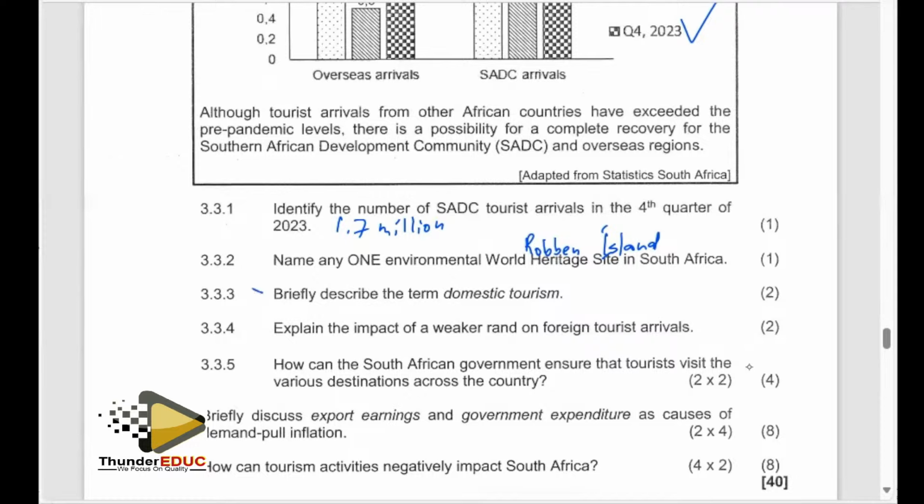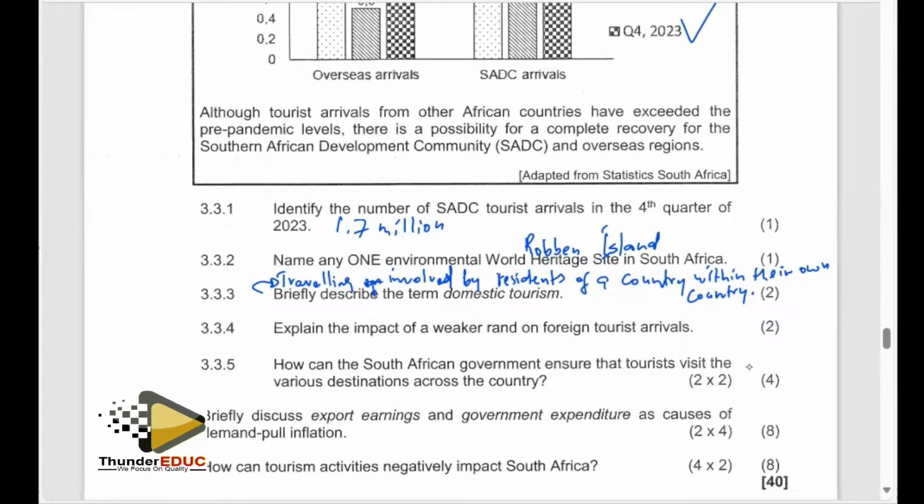So traveling involved by local residents of a country within their own country. That is our domestic tourism.